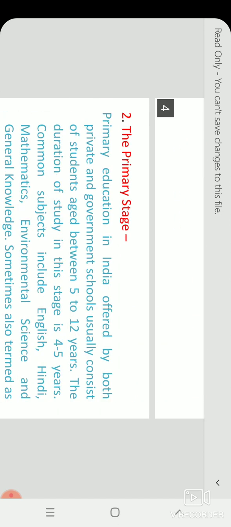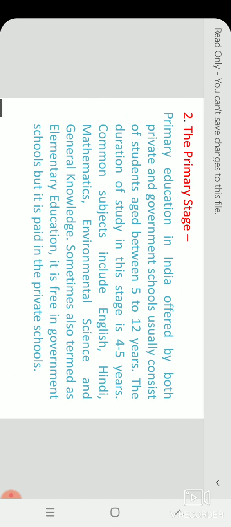Next one, primary stage. The next stage after the pre-primary school is the primary stage. Primary education in India is offered by both private and government schools. It usually consists of students aged between 5 to 12 years. It is also termed as elementary education.